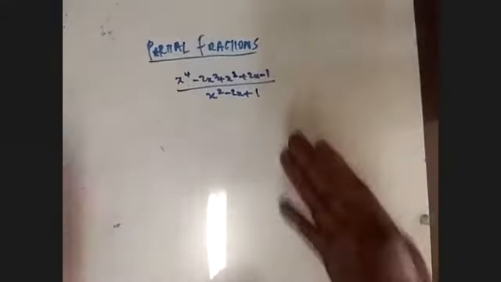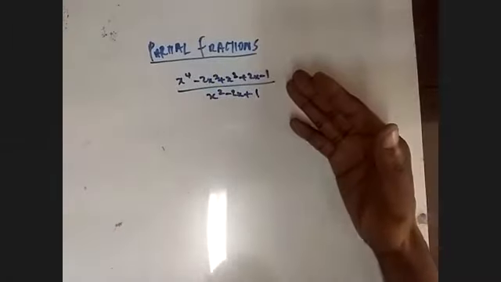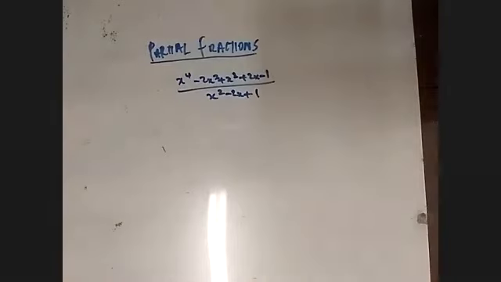So in this question, I want to ask you one question. The biggest degree, does it lie in the numerator or in the denominator? It lies in the numerator. In the numerator, yes. Once we have got something like that, what do we use?